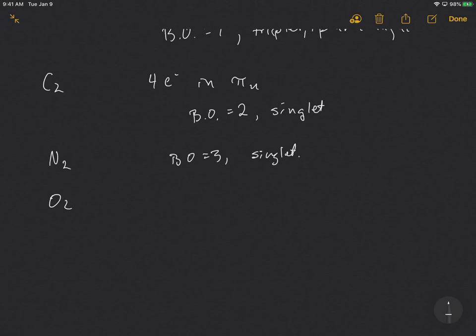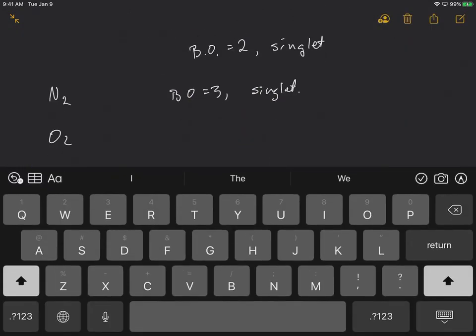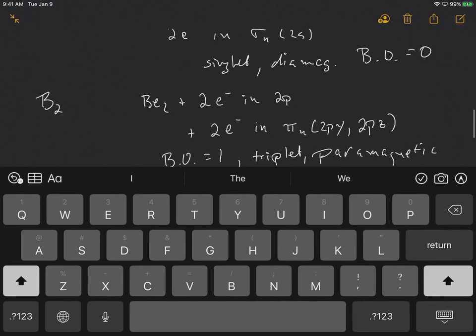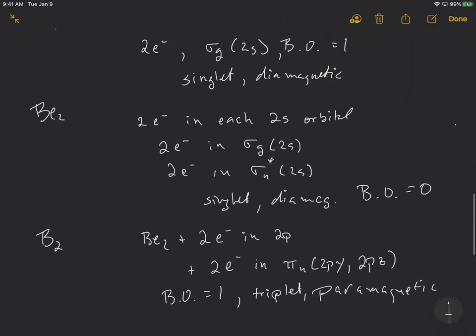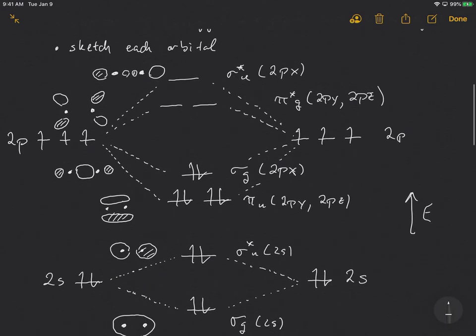Now for oxygen, we're going to have 2 additional electrons in our pi star g orbital.